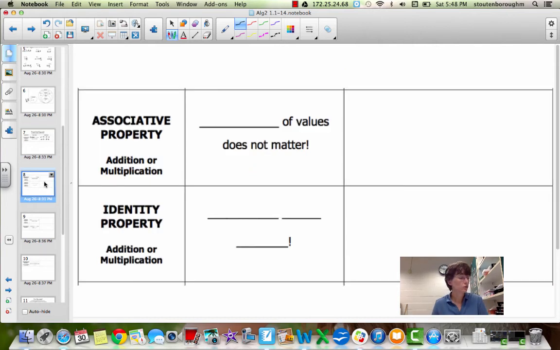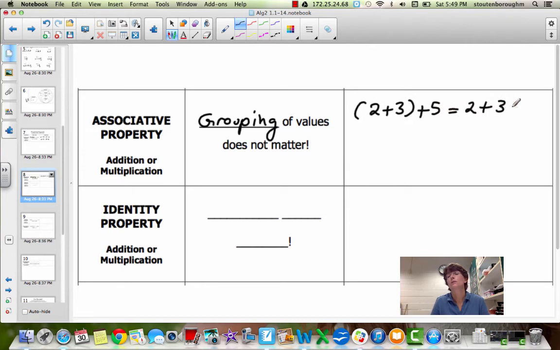This does not apply to subtraction or division. Okay, let's talk about the associative property. The associative property for addition and multiplication applies to grouping of values. Basically says that the grouping of values does not matter. I can take 2 plus 3 plus 5, and that's the same thing as saying 2 plus 3 plus 5. I can put my parentheses in a different place, and I still come up with the exact same answer.